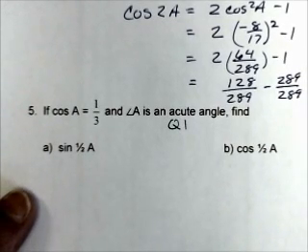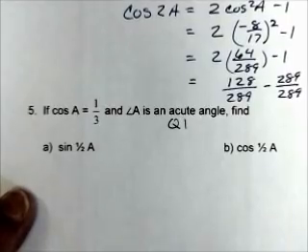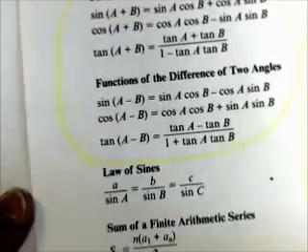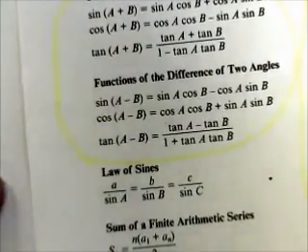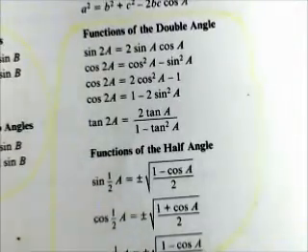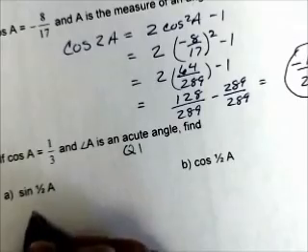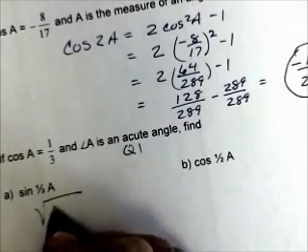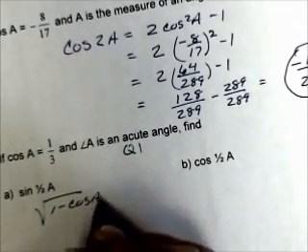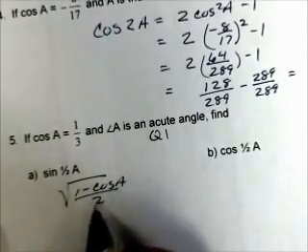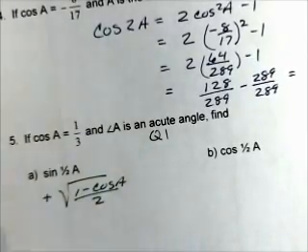So all of these plus or minuses are going to be pluses. Okay, so the sine of a half A, that's square root of 1 minus cosine A divided by 2. So we said it's going to be positive.